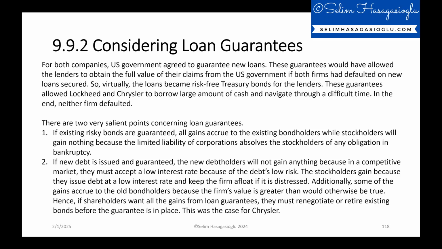The stockholders gain because they issue debt at a low interest rate and keep the firm afloat if it is distressed. Additionally, some of the gains accrue to the old bondholders because the firm's value is greater than would otherwise be true. Hence, if shareholders want all the gains from loan guarantees, they must renegotiate or retire existing bonds before the guarantee is in place. This was the case for Chrysler.